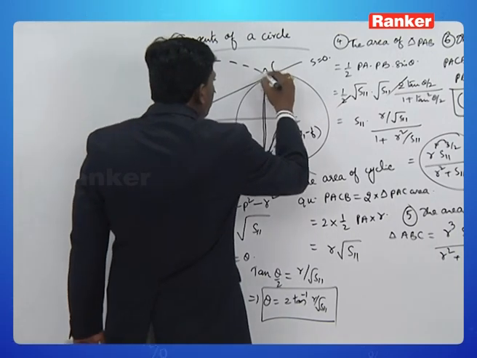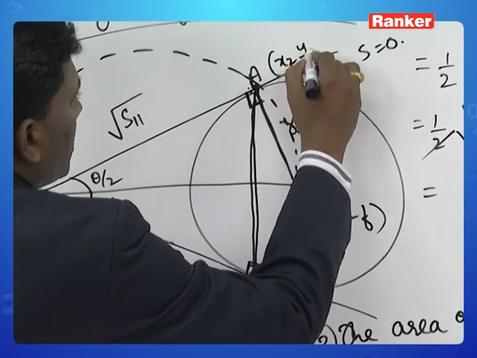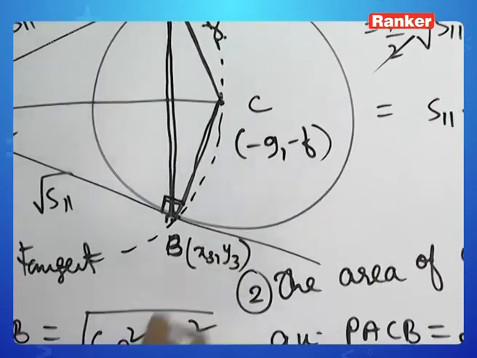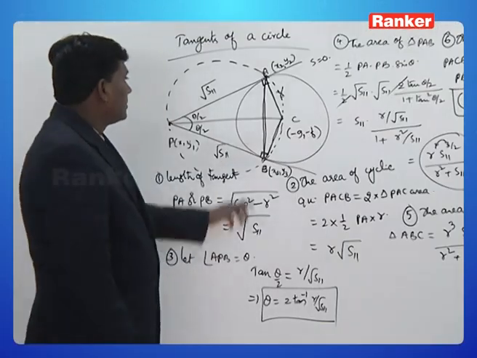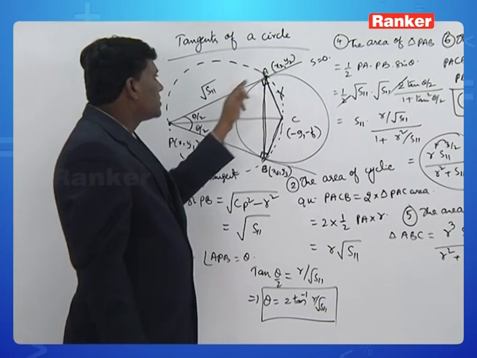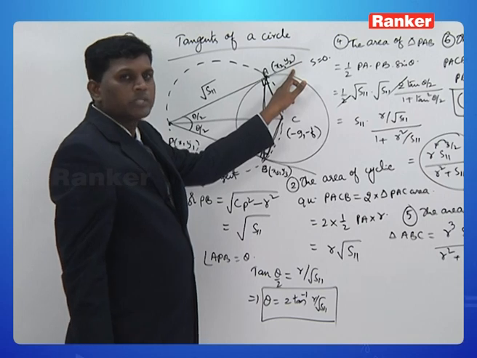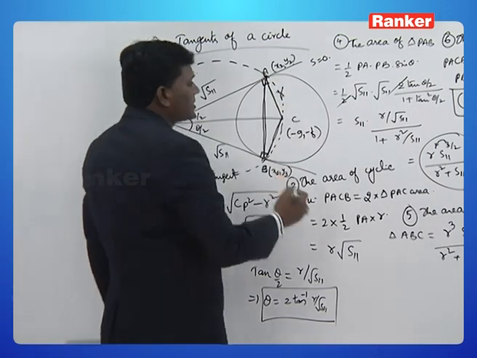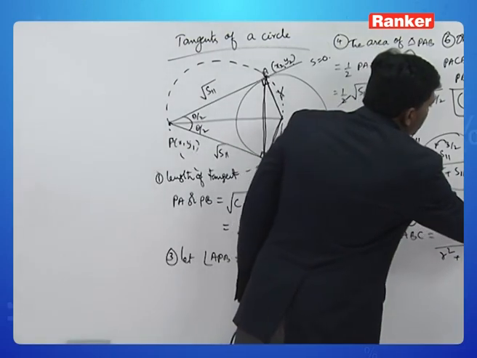If we assume this point A as some x2 comma y2 and this point as x3 comma y3, then because the point is on the circle and this is a tangent at this point of contact, we can get the tangent AP equation as S2 equals 0.